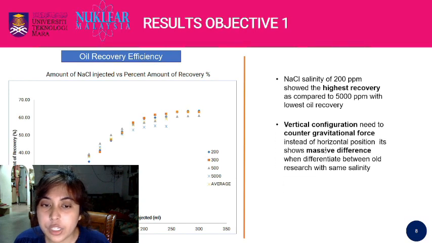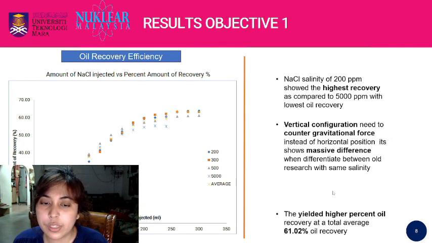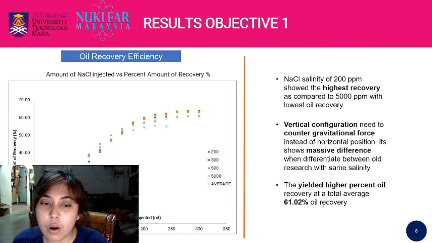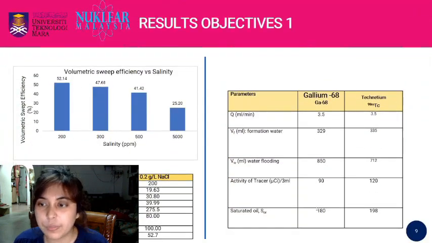The vertical configuration needs to counter gravitational force, unlike the horizontal position, and shows a massive difference when differentiating between all reservoirs with the same salinity. We can see the vertical and horizontal configurations show a massive difference, and then yield a higher percent oil recovery, with a total average of 61.02 oil recovery percent.